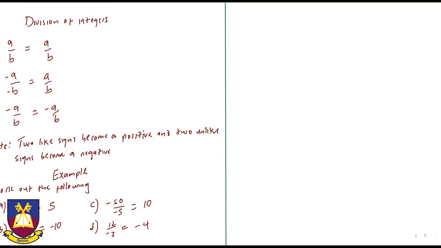Let's look briefly at addition and subtraction of integers. Now, there are no specific rules for adding or subtraction of integers. The result from addition or subtraction depends on whether the negative is bigger than the positive or the reverse is true.